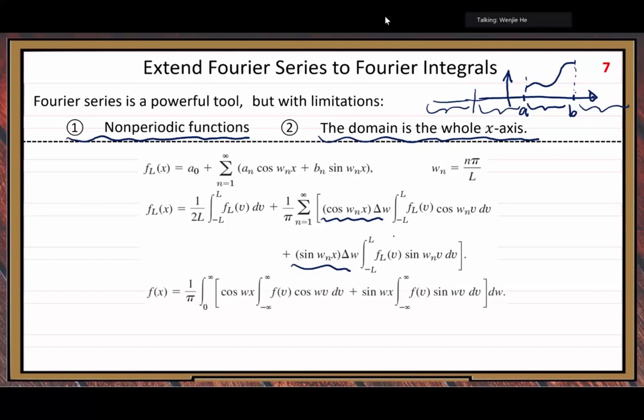Then let's look at what we get. We will get a double integral. This double integral has two parts. The first part is related to the cosine, the second part to the sine. They're quite symmetric. In math, when we work on formulas, we try to show some nice property.